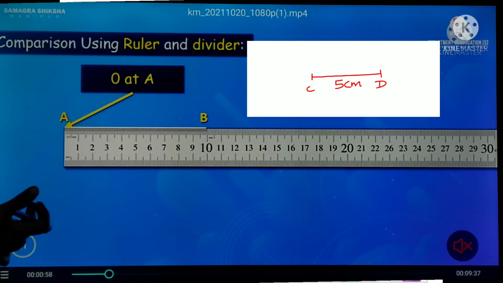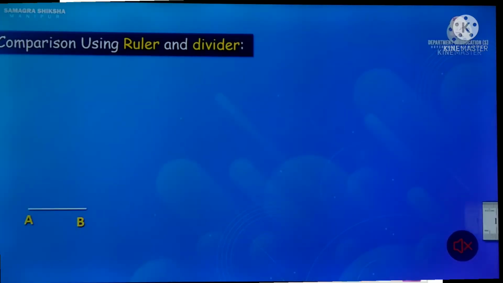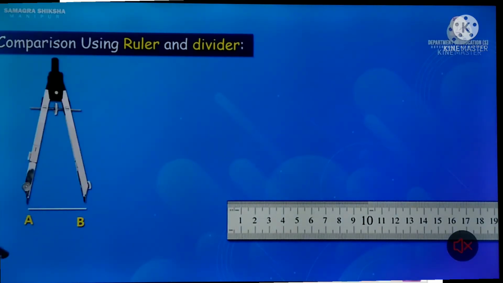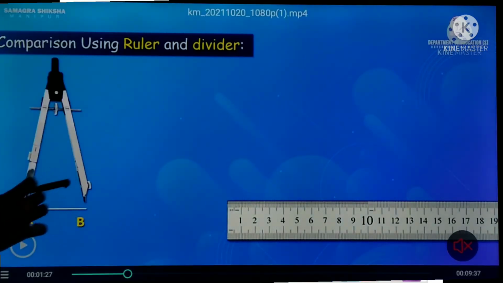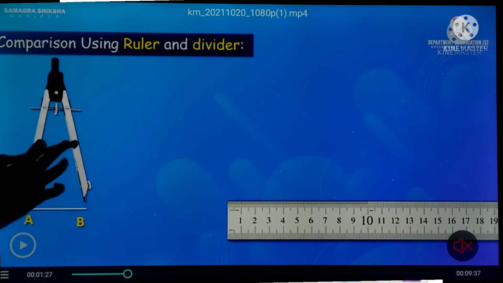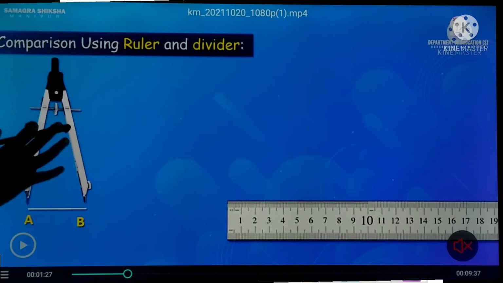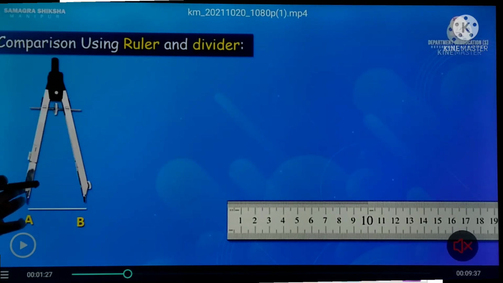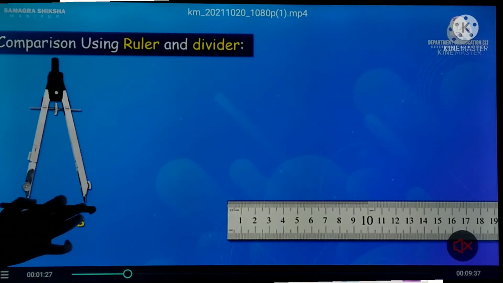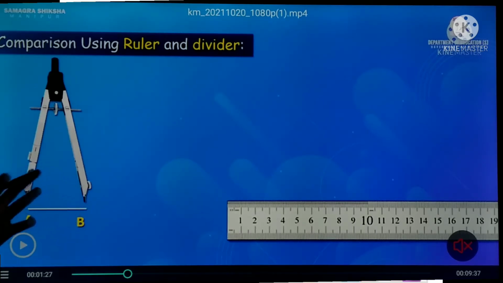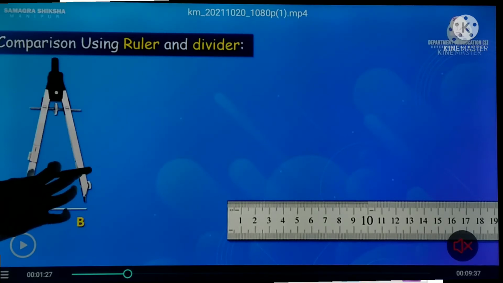Then how can you measure the line segment using divider? Here the line segment AB is there. So here open the divider. This is a divider. Yes, you can see this divider in your instrument box. Open the divider. Place the end point of one of its arms at A and the end point of the second arm at B, taking care the opening of the divider is not disturbed.